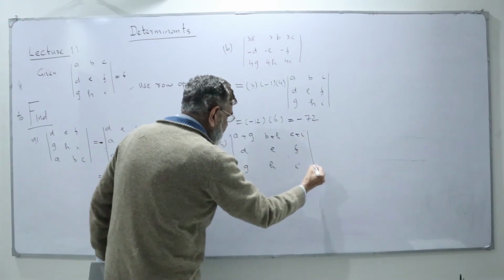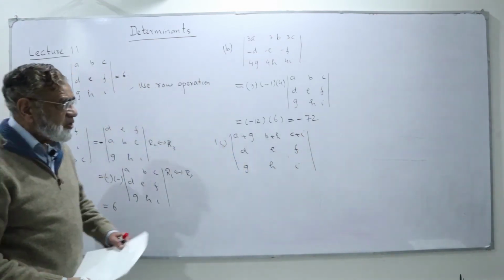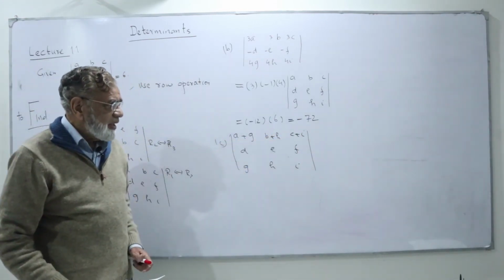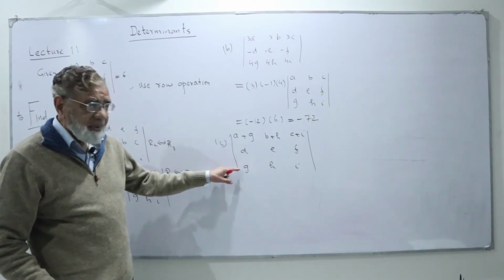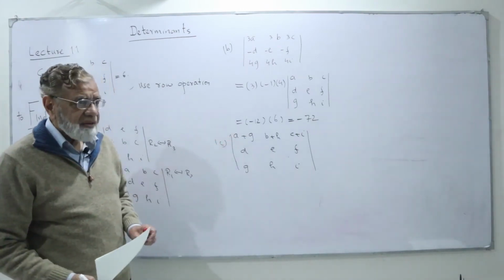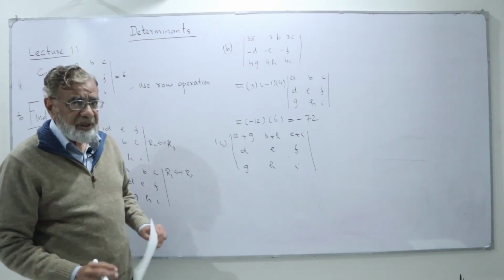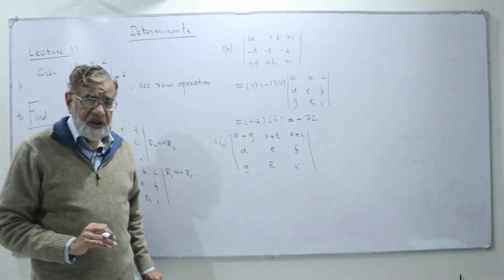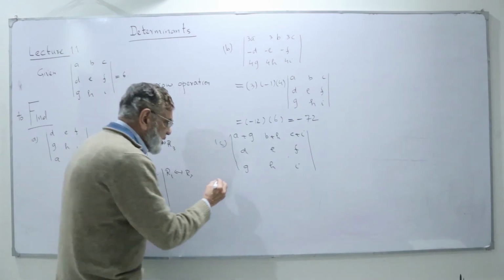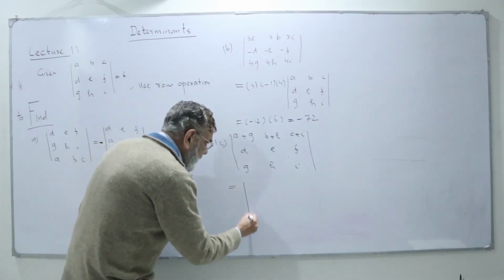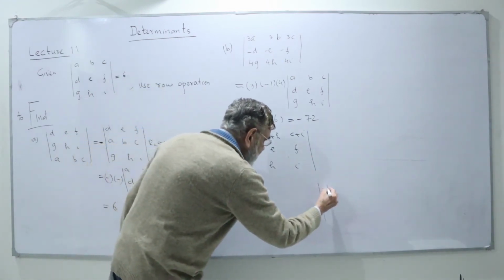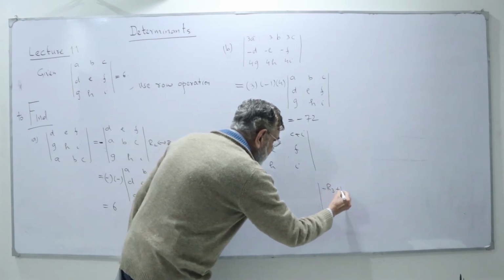If you look at this determinant, I want to remove this G, H, I, and G, H, and I. So I multiply row 3 by minus 1 and add to this one. When I multiply a row with a number and add to another row, there is no change in the value of the determinant. So I say I have the row operation. Here the row operation is minus R3 plus R1.